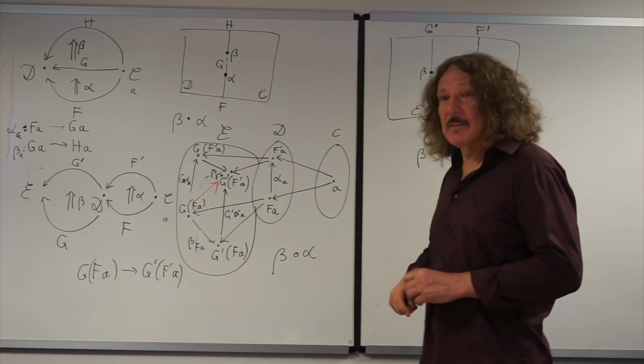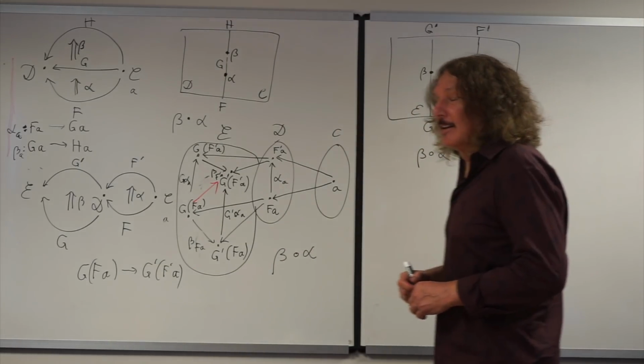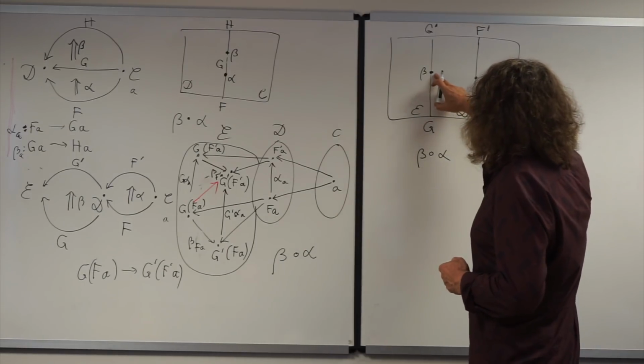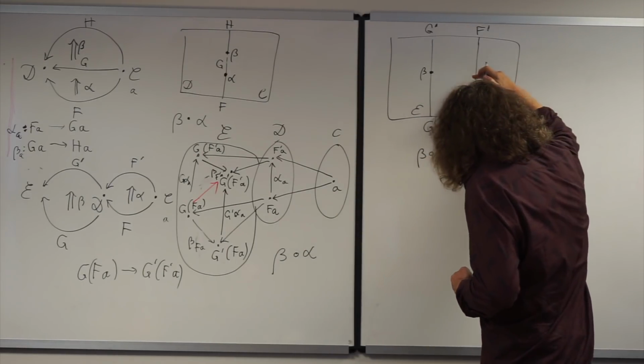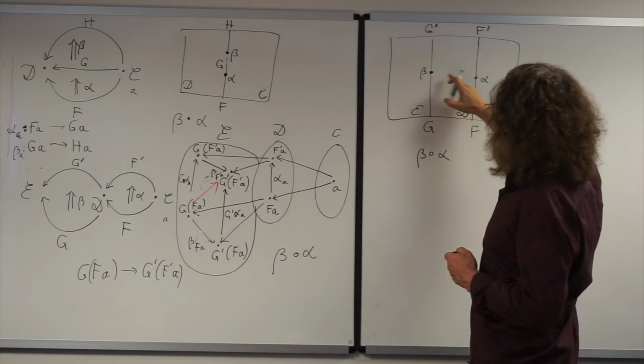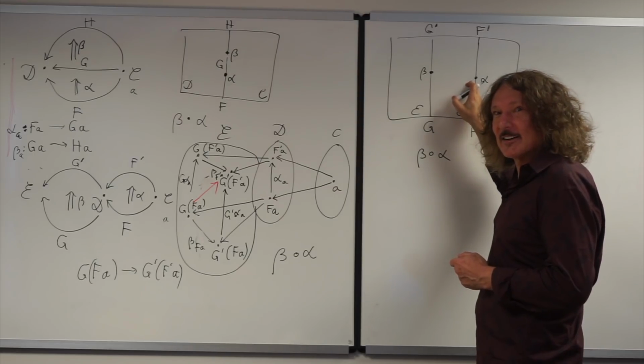And now the magic of these string diagrams is that you might be wondering, okay, is this beta really at the same level as alpha here, or is it a little bit higher than alpha, right? It's easy to make a mistake here.